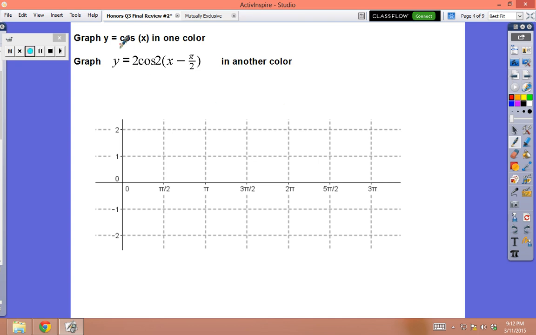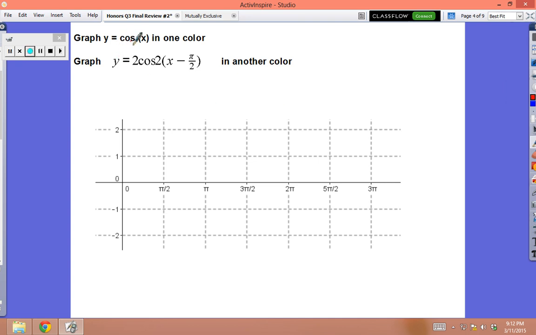Okay, now we got a graph. So the parent function, cosine of x. Okay, now cosine is a little different. Cosine starts at 1, and it ends at 1. And then halfway through, it bottoms out at a -1. So it's going to go from 1 to 0 to -1, back up to 0 to 1, and then it's going to turn around and start over again.